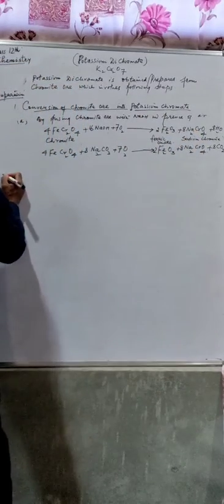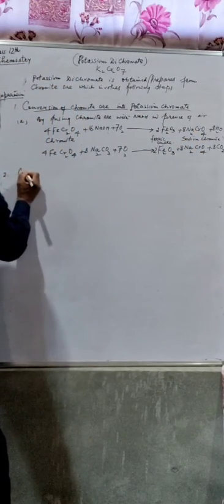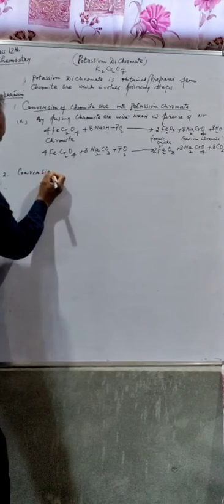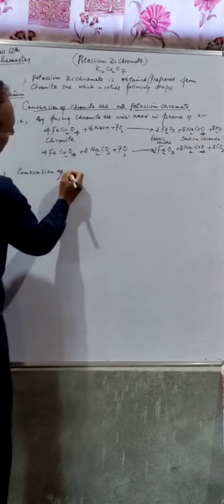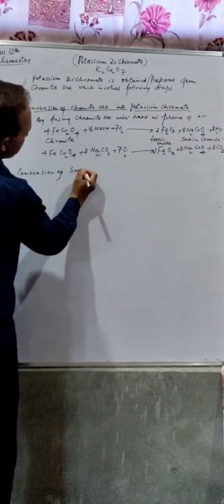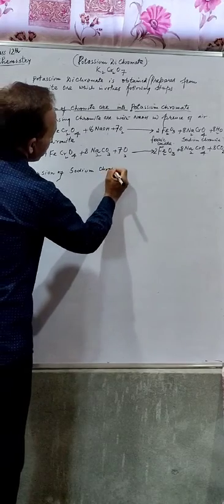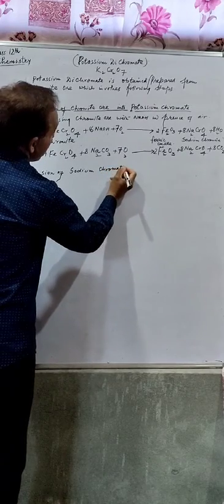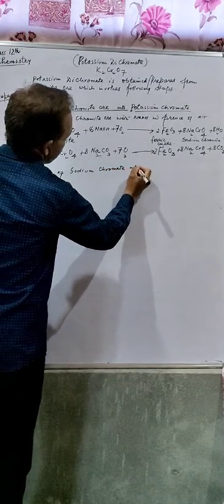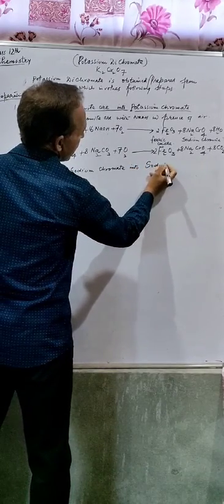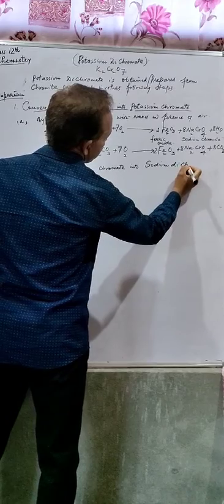Now, the next step is conversion of sodium chromate into sodium dichromate.